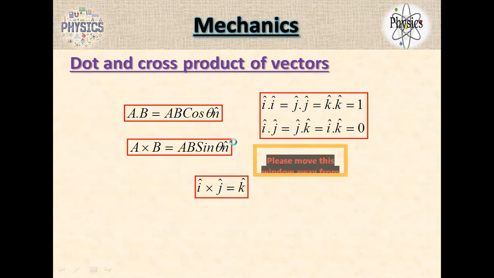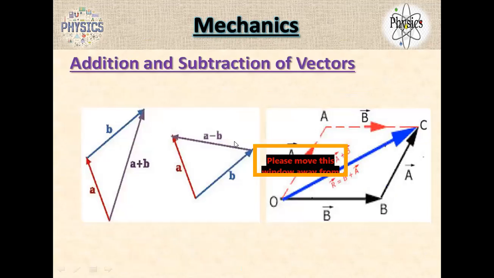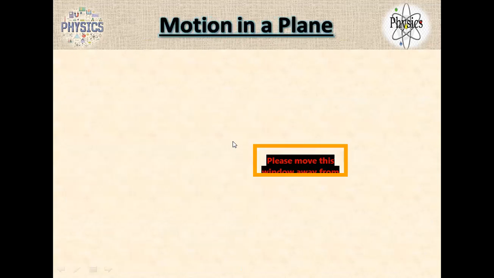It's not going back, it's going forward, so let me check. Right. We need to prove that the path of the projectile is a parabola. How do we prove it? It is a big task.